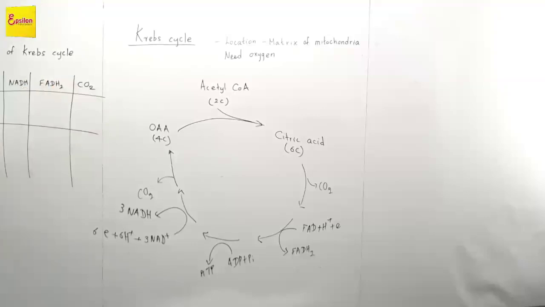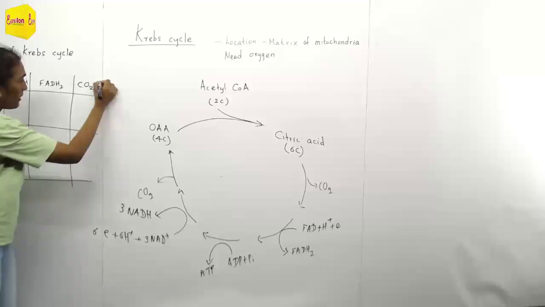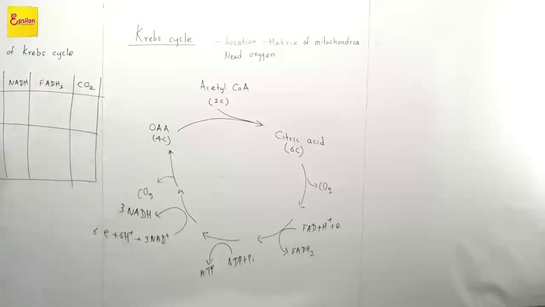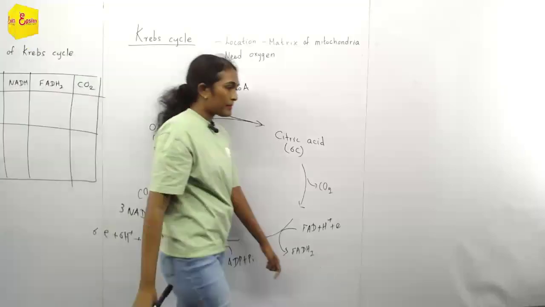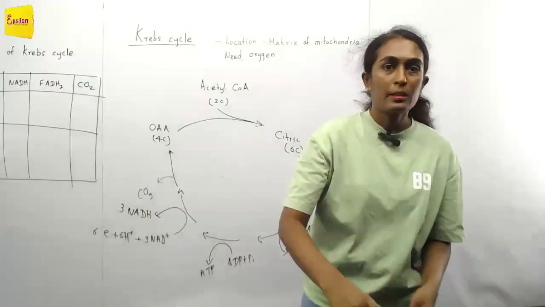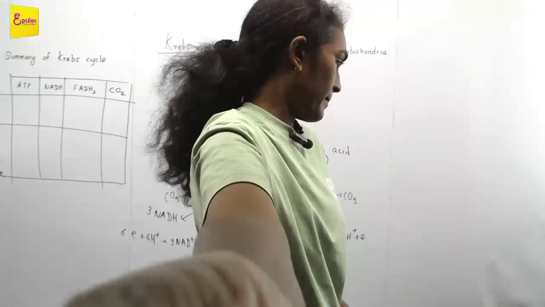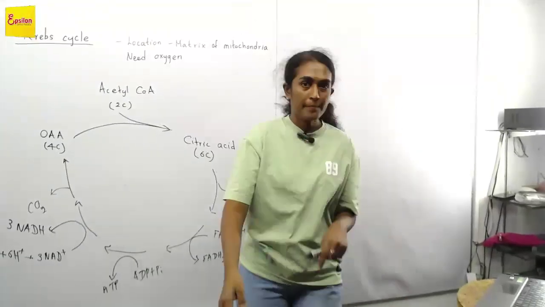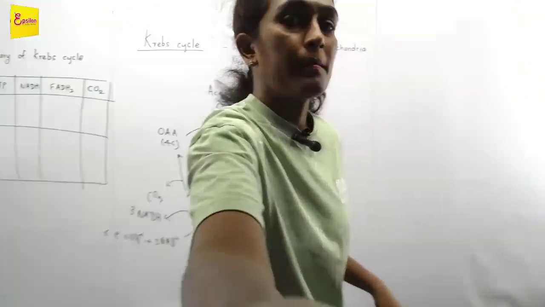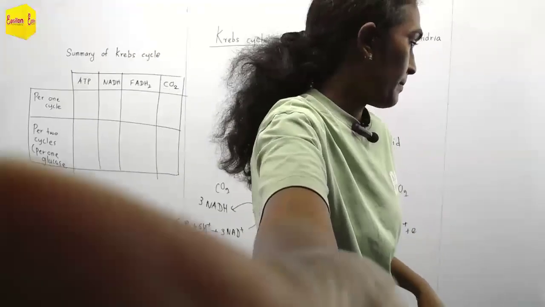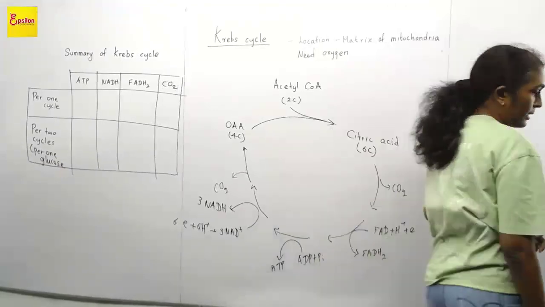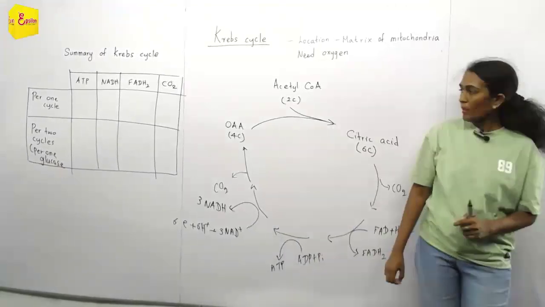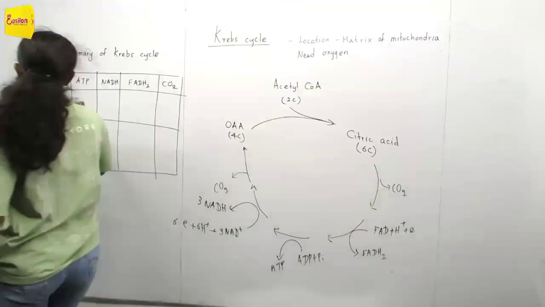Right. Now you guys tell me, how many ATPs per one cycle? One.